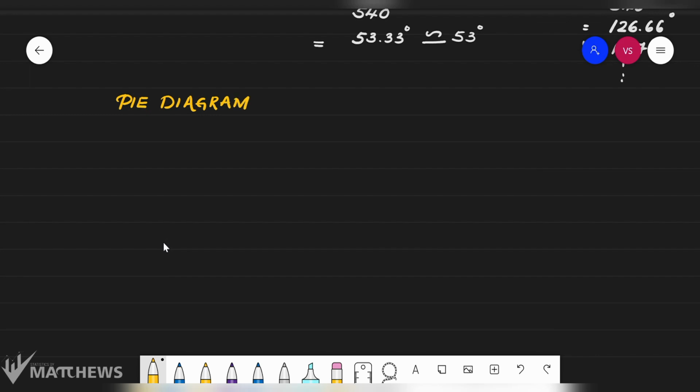Pie diagram showing the income of the government.